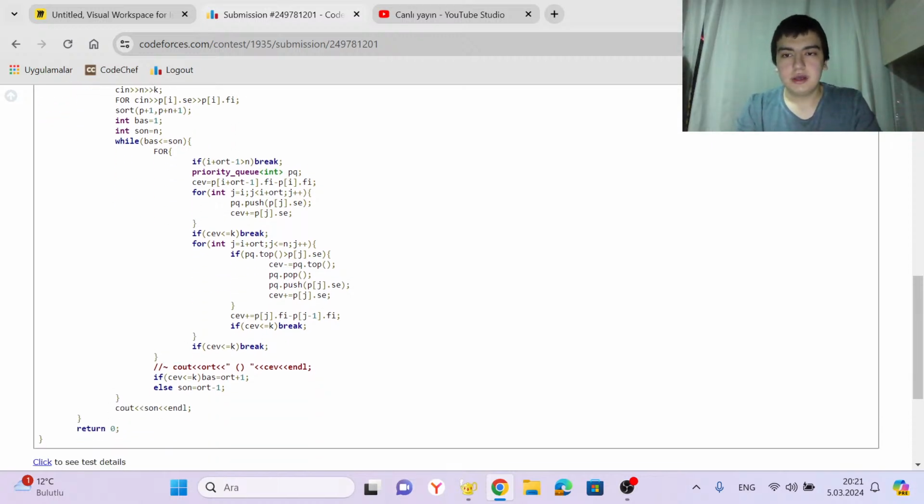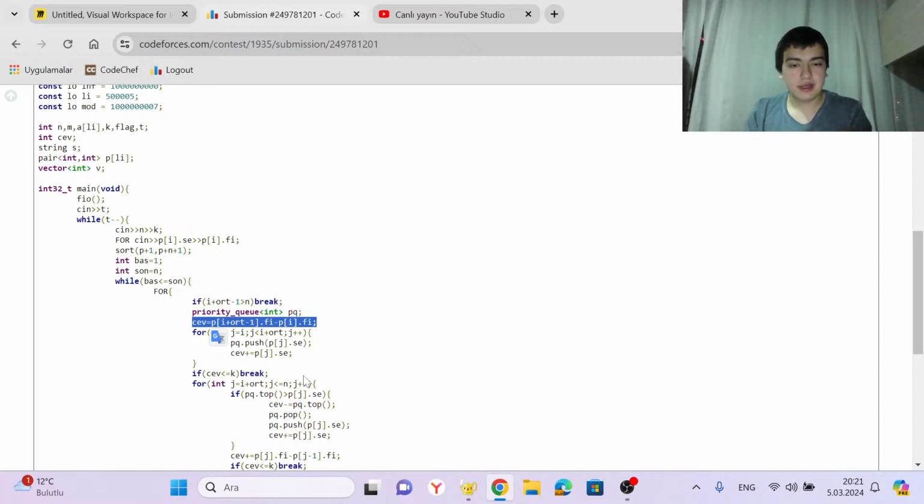After that, I am creating a priority queue, and the first answer comes from the second part of the summation, which is p i plus x minus 1 minus p i. The p.first means the b values of the messages. After that, I go from i to smaller than i plus x.